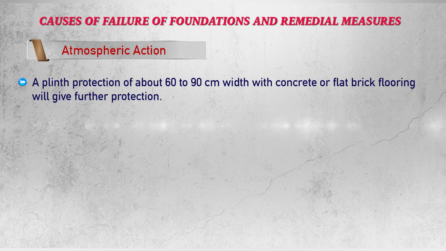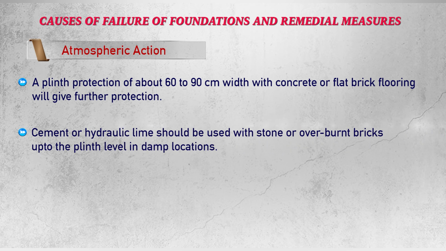A plinth protection of about 60 to 90 centimeter width with concrete or flat brick flooring will give further protection. Cement or hydraulic lime should be used with stone or overburnt bricks up to the plinth level in damp locations. It will help in checking the dampness of the element of the structure.